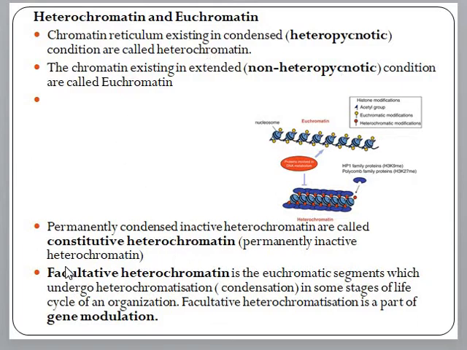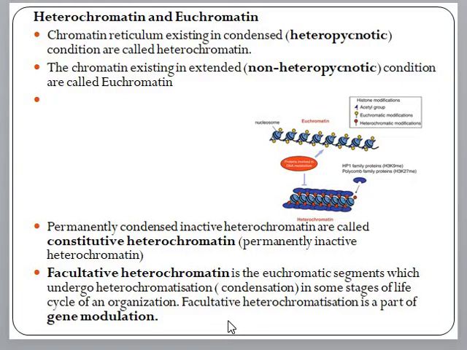Some regions of heterochromatin are permanently condensed throughout the life cycle of an organism. They are called constitutive heterochromatin or permanently inactive heterochromatin. But some regions of heterochromatin become active during some stages of the life cycle.